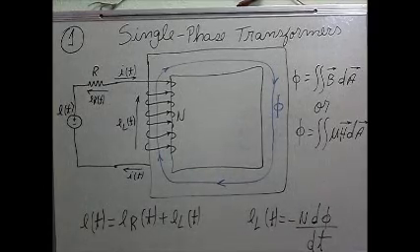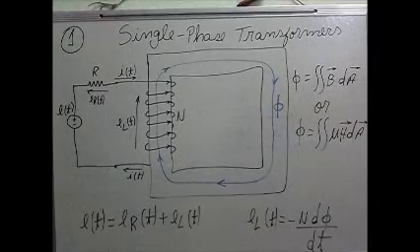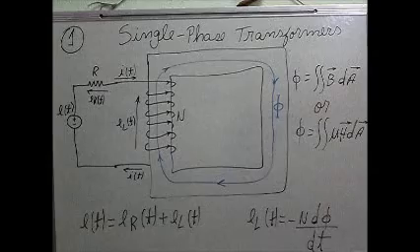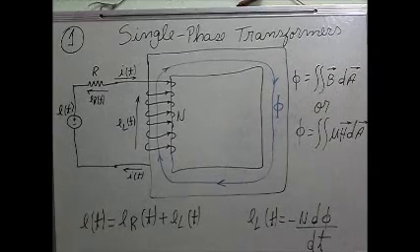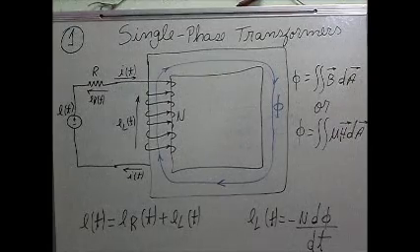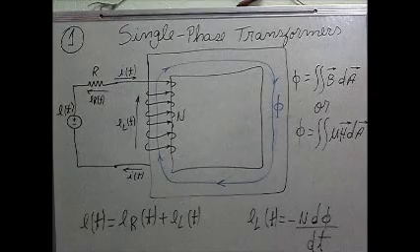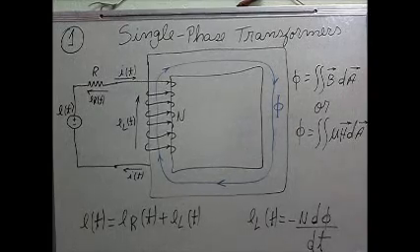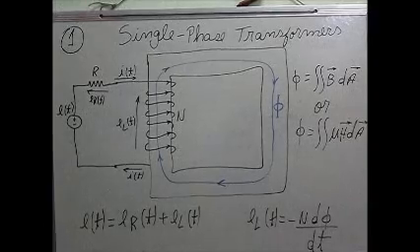And I represented the resistance of the wires connecting the source to the winding with the letter R, which is a resistor. The resistor represents the resistance of the wires, or an internal resistance of the source.